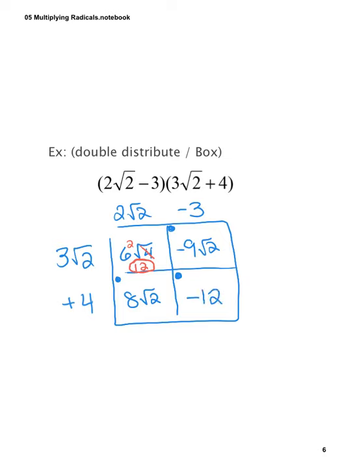And then if I look, this is a whole number, and this is a whole number. So 12 minus 12 is 0. And then if I look here, this is a radical 2, and this is a radical 2. So negative 9 plus 8 is negative 1 radical 2. Or you can just write this as negative radical 2. Either one is correct.